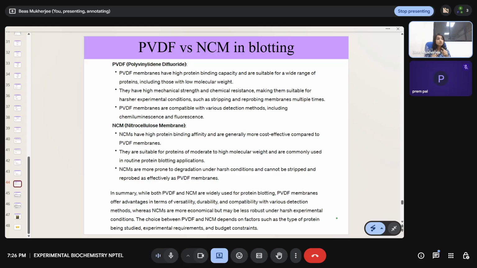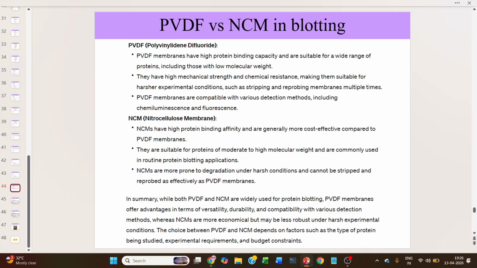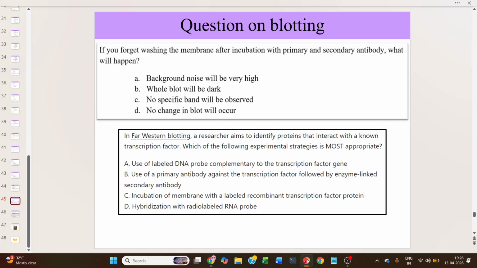In summary, both PVDF and NCM membranes are widely used for protein blotting. PVDF membranes offer more advantage in terms of versatility, durability, and compatibility with various detection methods, whereas nitrocellulose membranes are more economical but less robust, and under harsh experimental conditions they will get degraded. The choice between these two depends upon the type of protein studied. So remember that PVDF is for smaller molecular weight proteins and NCM is for larger molecular weight proteins.